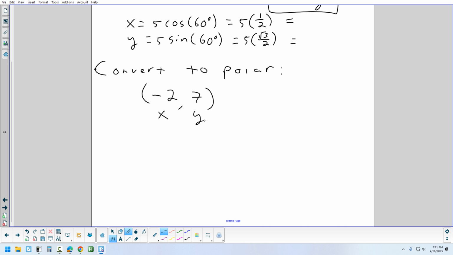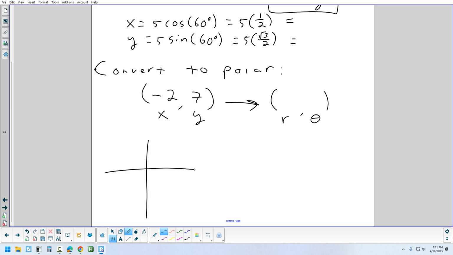And what is it that we are trying to get? Yeah. The R and theta. We're trying to get the r and the theta. Good. All right, so now we got to figure those out.